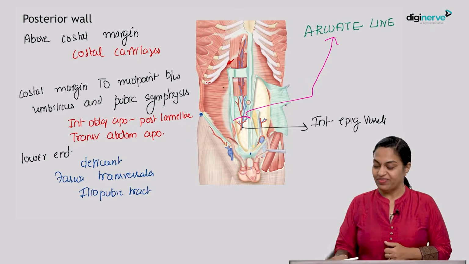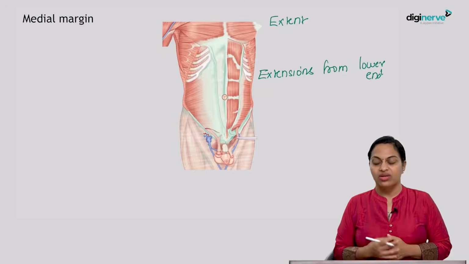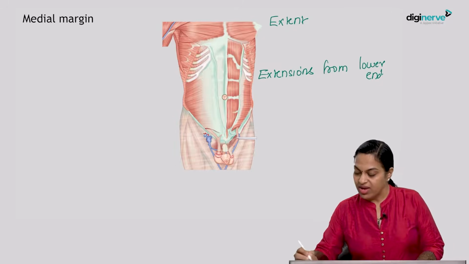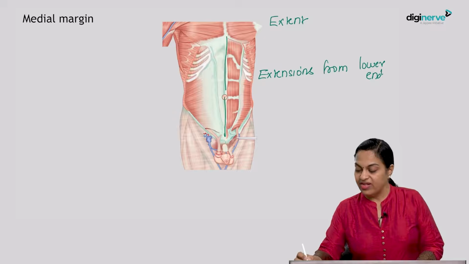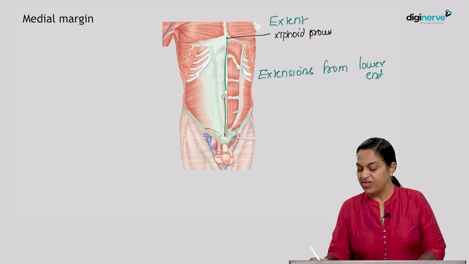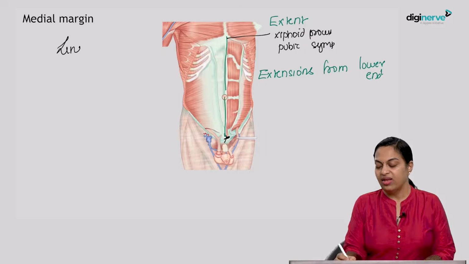Okay. So that was about the anterior wall and posterior wall. Now let us see about the margins, the medial and the lateral margins. The medial margin that you see here in the midline, extending all the way from the xiphoid process above to the pubic symphysis below, yes, we call it the linea alba.